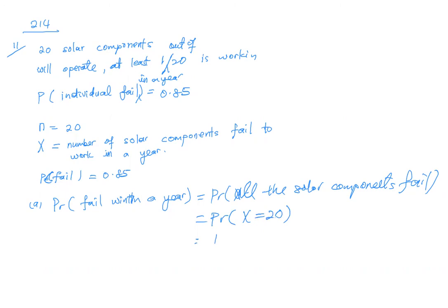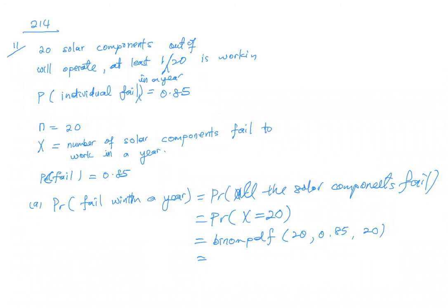So you use binom PDF 20, 0.85 and 20. Okay, do you get that? Okay, let's see.